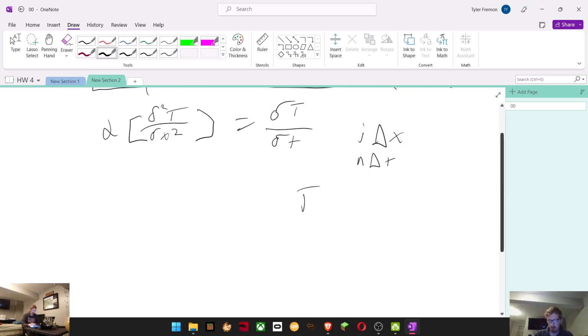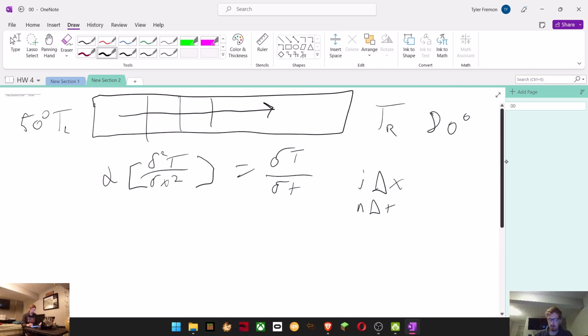So if this is position j, the temperature at that position and at the current time is just T_j,n, right? And then if this is j plus 1 increment, this being delta x, that would just be T_j+1,n.